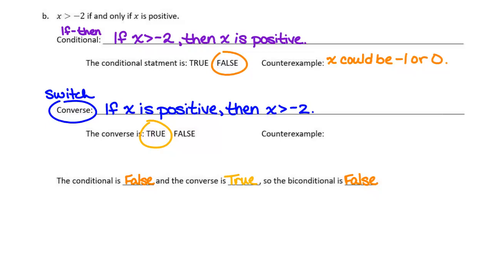That's what that converse is saying, yes. And for the biconditional to be true, both the conditional and the converse have to be true? That's absolutely correct. Both the conditional and the converse have to be true in order for the biconditional to be true. If one of them is false, or if both of them are false, the whole thing is false.